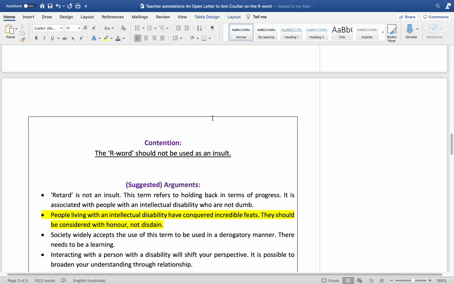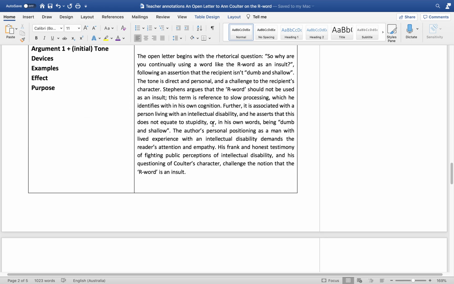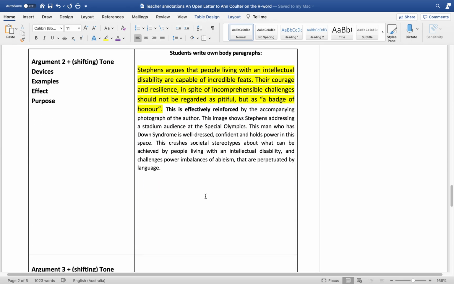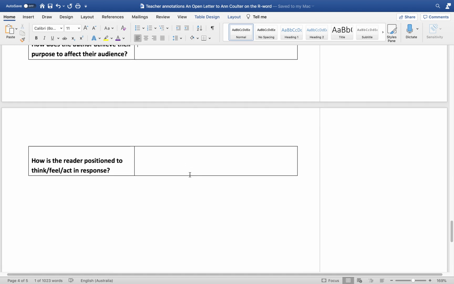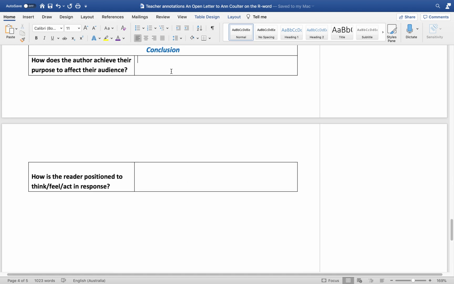You should also have 2 body paragraphs under mine. You should also, in the last activity, have added to my body paragraph and mentioned the effect of the image, because I didn't do that. And now what I'd like you to do is write the conclusion. I would suggest giving you about 15 minutes to do that today.